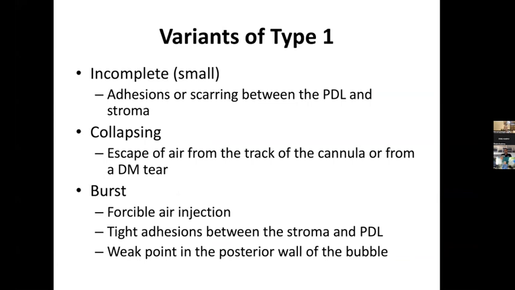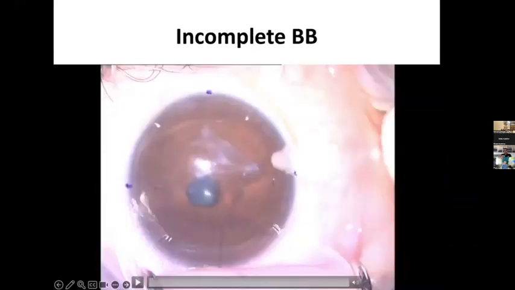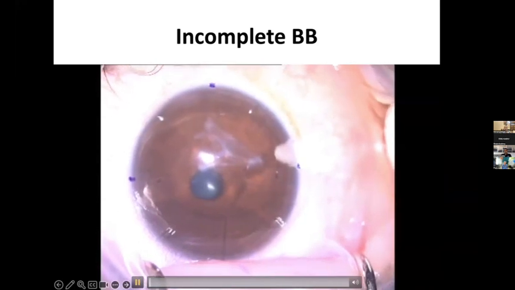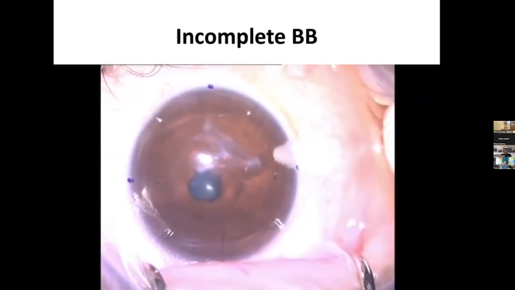If you increase the force of injection, the type 1 bubble may burst, or it sometimes bursts if there is tight adhesion between the stroma and the predescemetic layer, or a weak point in the posterior wall of the bubble. So this is a small bubble, an incomplete big bubble.